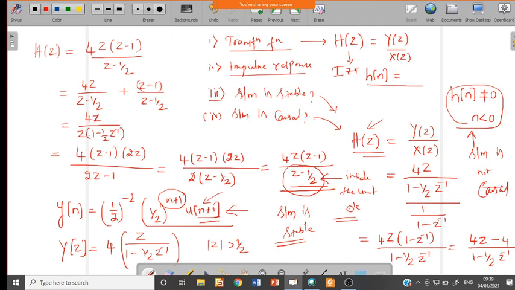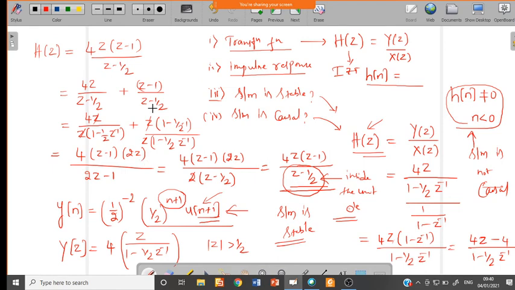This z will cancel, plus here also, taking z common, you get 1 minus 1 over z inverse divided by 1 minus half z inverse. This z will cancel each other. Sorry, this is 1 over z inverse.